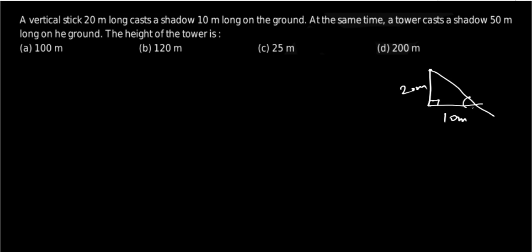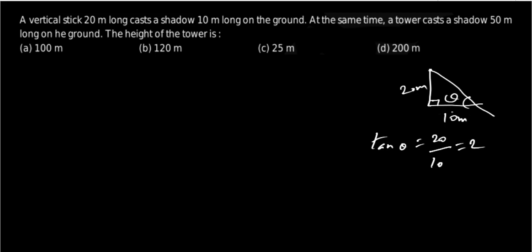If we take this angle as theta, tan theta is opposite side by adjacent side, which is 20 divided by 10. It becomes 2. So tan theta is 2.